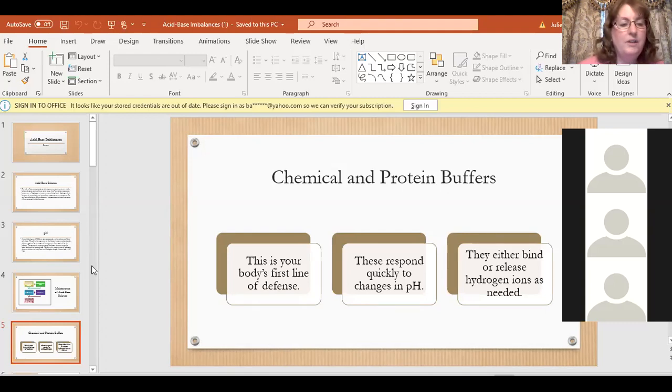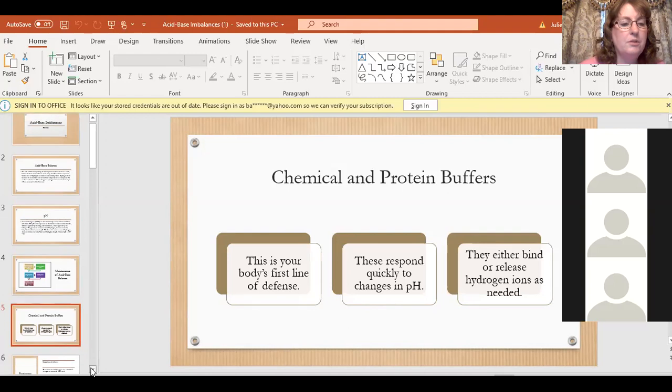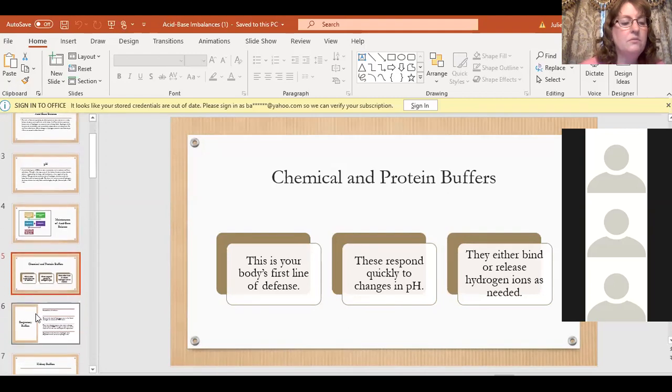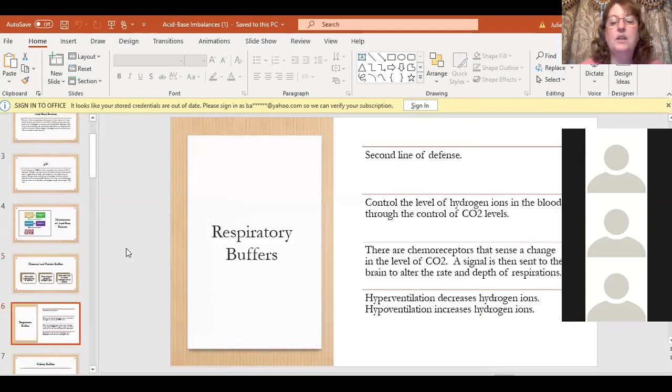The next one is the respiratory buffers. This is your second line of defense. What this does is it controls the way that you breathe, and in that sense, it will affect your hydrogen ions.